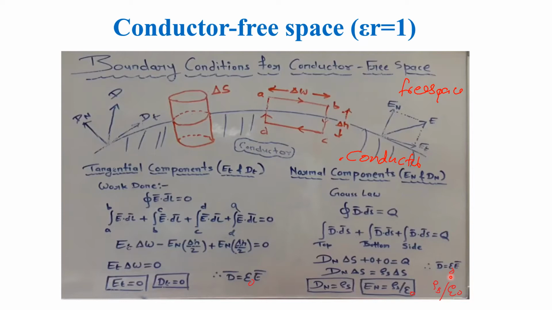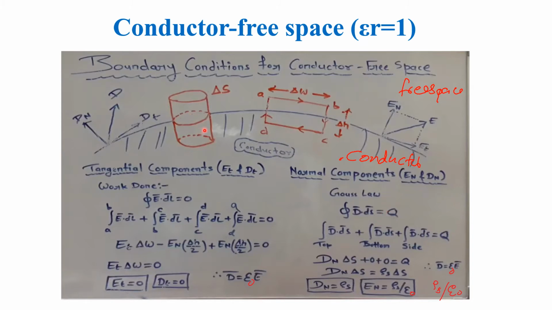Okay, so Gauss law, we learned, can be written in terms of D as the integral of D dot ds equal to Q, the charge enclosed. This surface integration can be done for three surfaces.